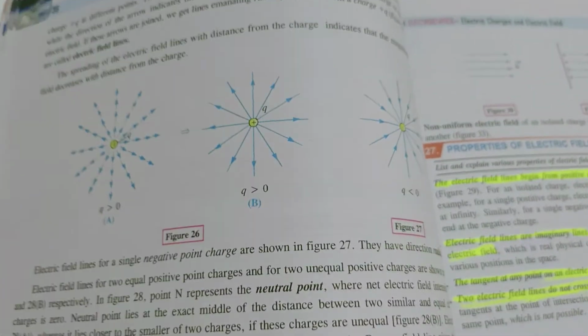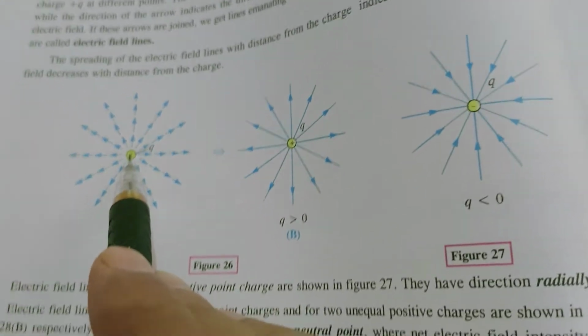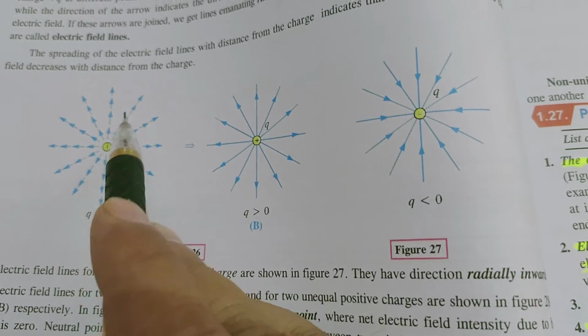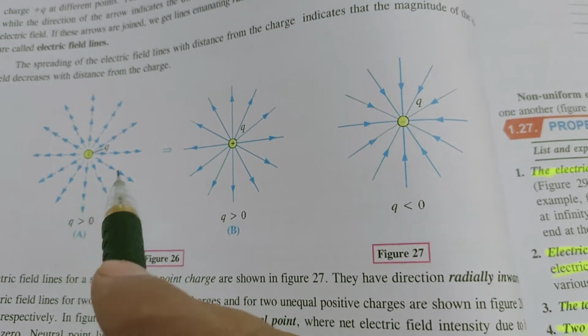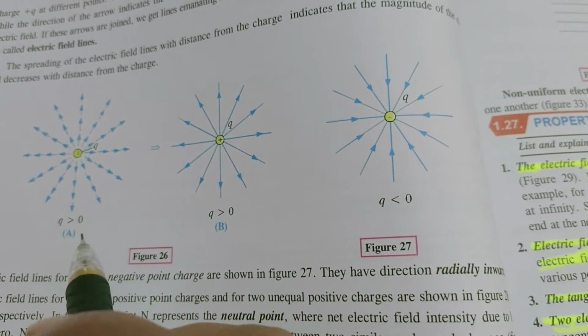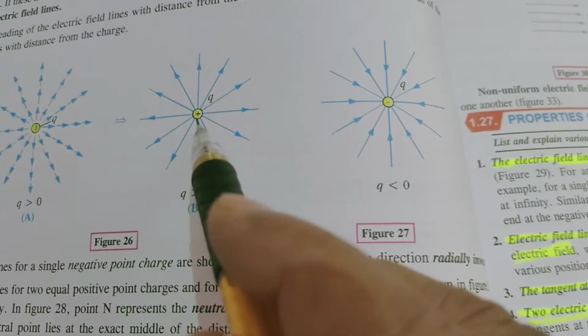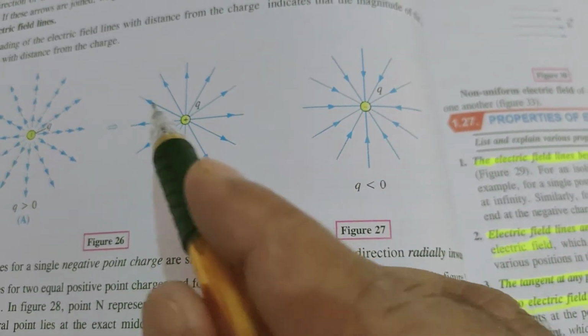You can see that here charges are given to you. This is a charge Q and its electric lines of force are represented by these lines which are shown with the help of arrows. If the charge is positive, then you can see electric lines of force are radially outward.